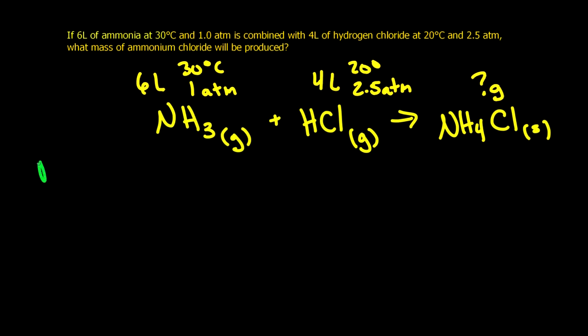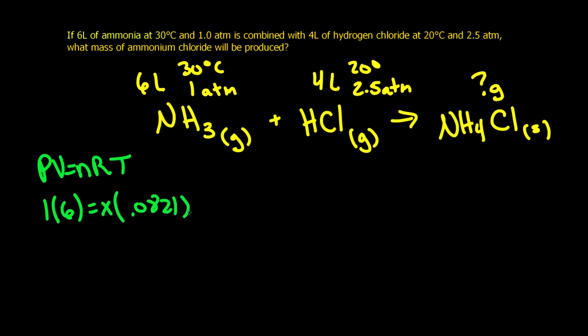I'd be using PV equals nRT for ammonia. The pressure is 1. The volume is 6. N is what I'm looking for. R is 0.0821 since it's in atmospheres. The temperature needs to be converted to kelvins. 30 plus 273 is 303.